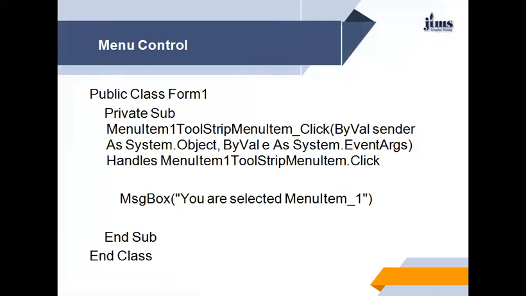Public Class Form1, and you make a MenuItem1ToolStripMenuItem_Click handler, Handles MenuItem1ToolStripMenuItem.Click. In a message box you write "You selected menu item 1", then End Sub and End Class. In this way, you create the menu control.